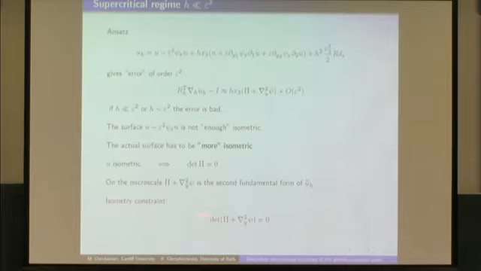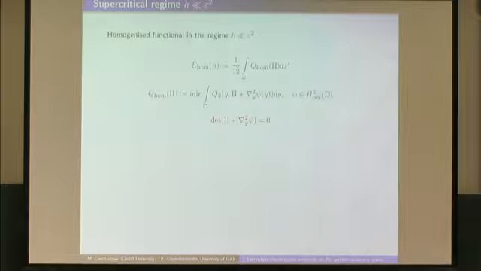We found that the solvability conditions on these equations are equivalent to this constraint, which we call the isometric constraint. But it was only a formal approach, and it was not possible to prove it by asymptotic expansion. So we had to prove this. We managed to prove it by passing to the limit.